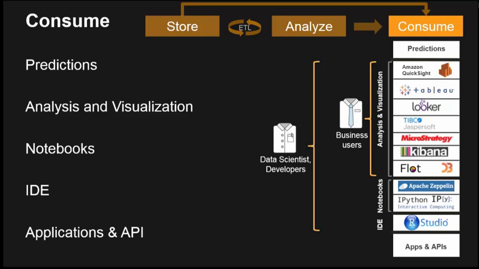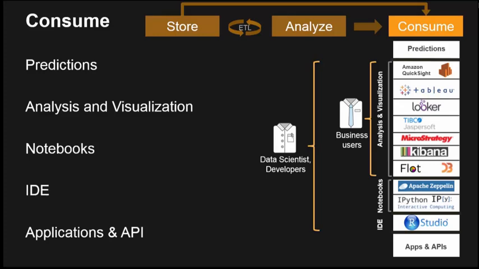In terms of analysis and visualization, we launched Amazon QuickSight. That's something that we were in active beta with at this point. And then coupled with Tableau or Looker or TIBCO or MicroStrategy is an amazing place to start. And if you're building an application yourself using one of the libraries such as Kibana or Flot or D3, this is by no means an exhaustive list. I just wanted to throw some examples there. Similarly, notebooks are getting very popular now.